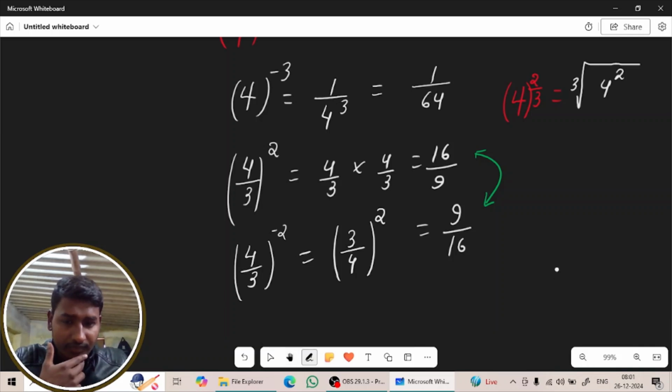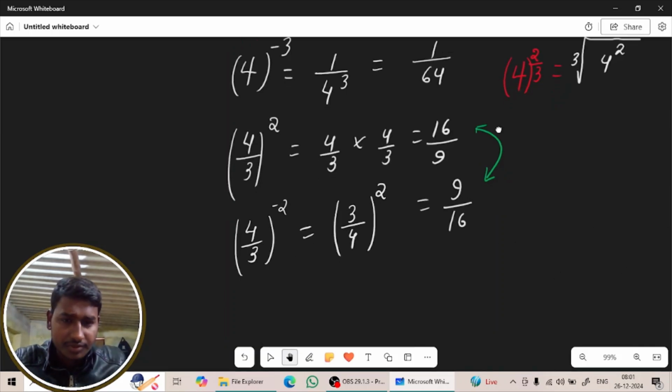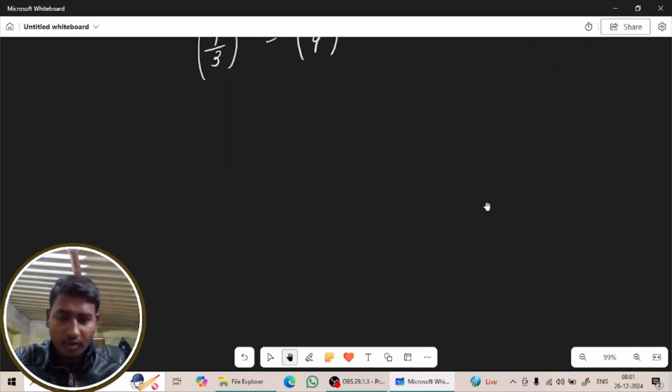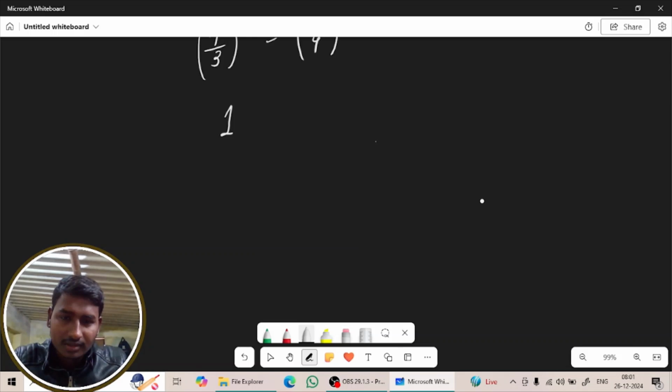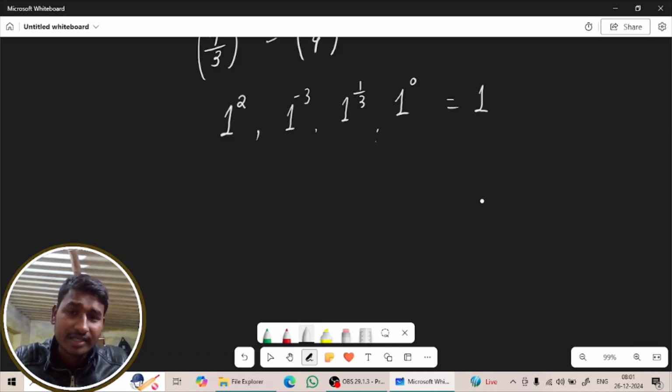Oh, I missed one very important thing, that is 1. If you have 1 and it has an exponent like 2, even if it has exponent negative 3, exponent 1/3 or whatever, even if it is exponent 0, that will always give you 1. So 1 with any number as the exponent, not 1 over x, that's a different thing.